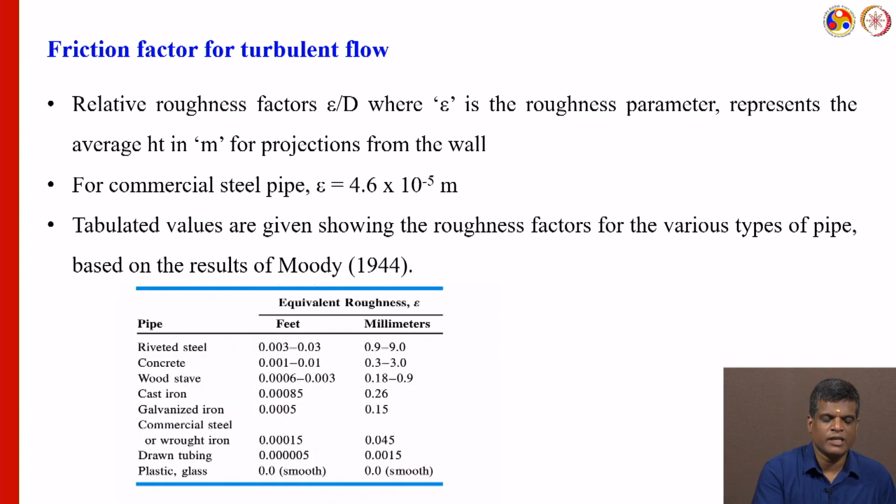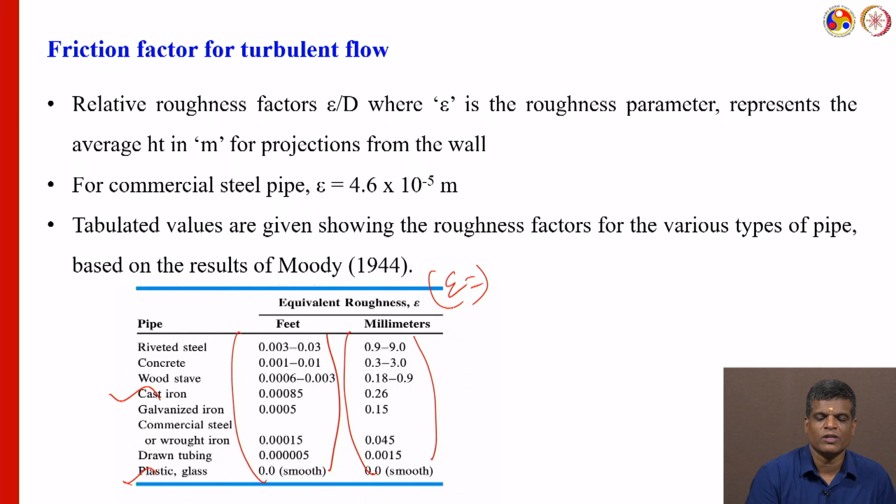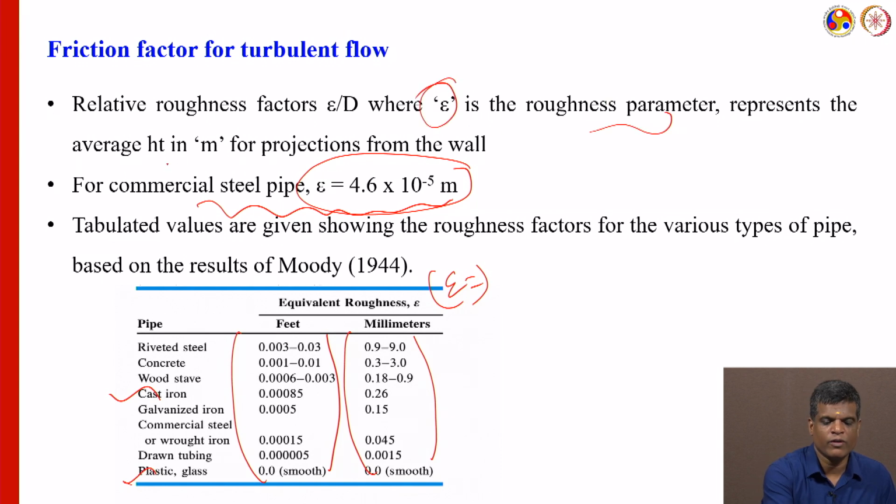Some tables are given for different types of cast iron, plastic, and glass. Here some values are in feet, others in millimeters. For commercial steel pipe, epsilon is 4.6 into 10 power minus 5 meters. Epsilon is the roughness height in meters, and the diameter is also in meters.